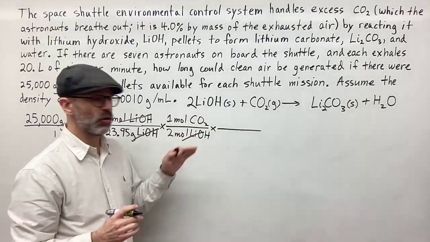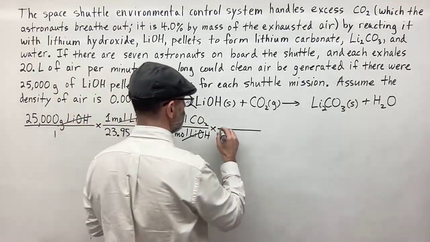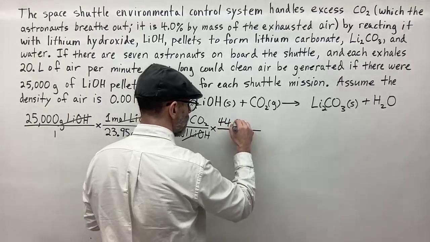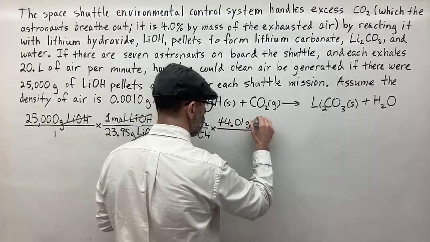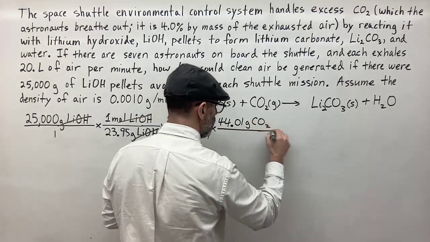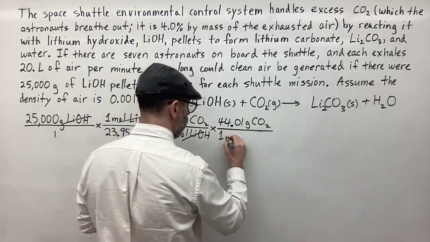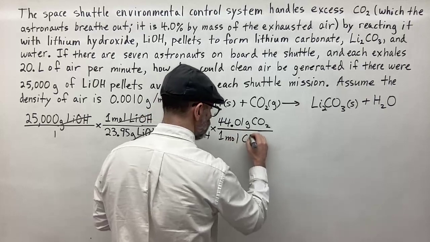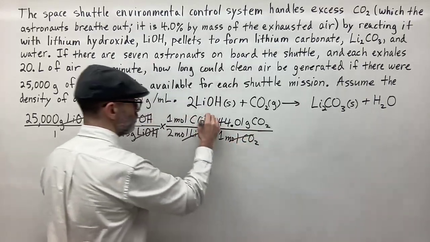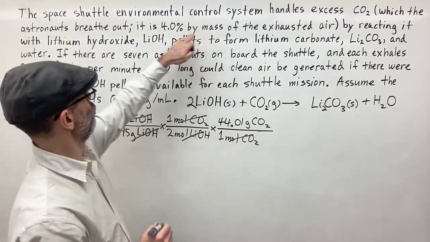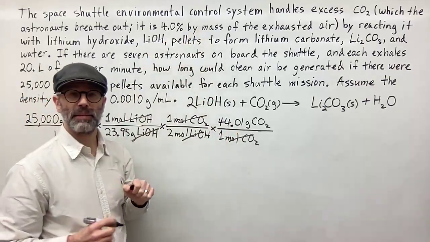So the molar mass of carbon dioxide is 44.01. So 44.01 grams of CO2 on the top. And then on the bottom, I have 1 mole of CO2. So the moles of CO2 cancel out. Now I have grams.